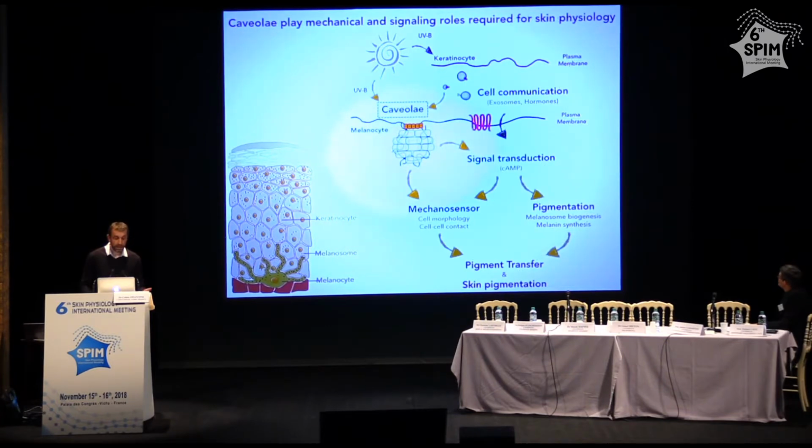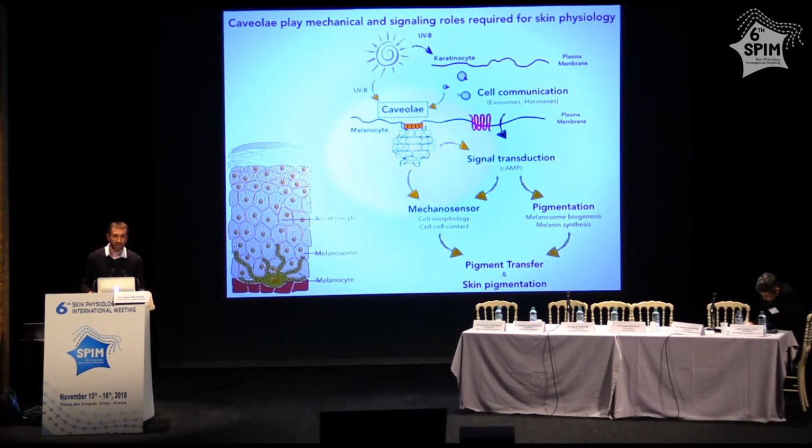So now I would like to conclude and leave you with the idea that caveolin is able somehow to spatially organize the melanocyte. I mean, to tell the melanocyte what to do and where.